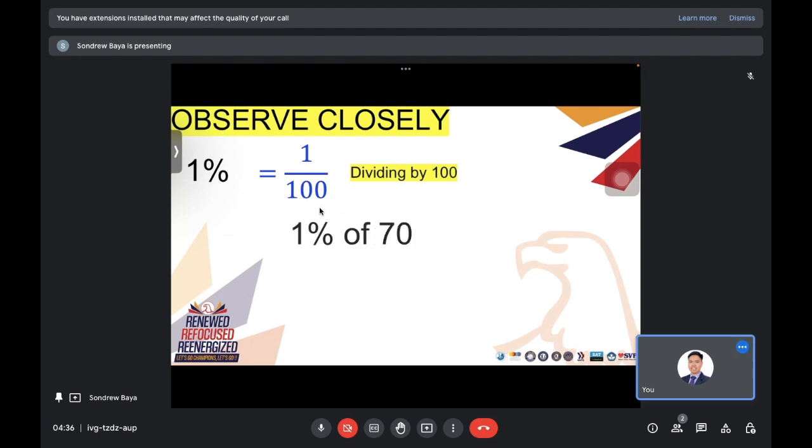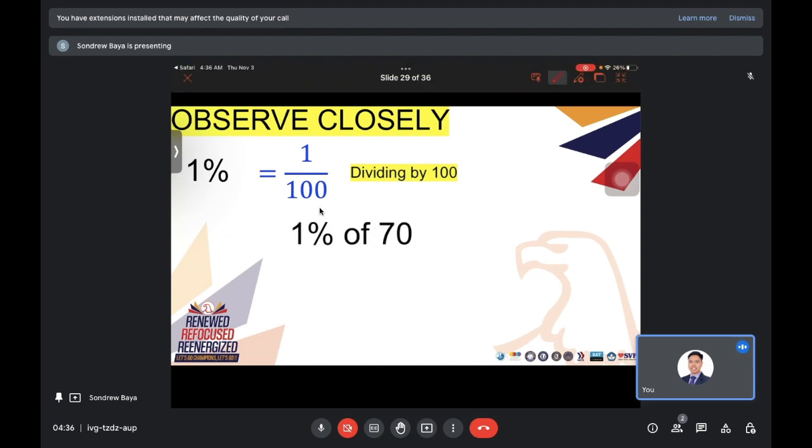1% of 70. 70 is 70.0. Since it's 1%, we move it to the left 2 times. So the decimal is now to the left of 7. This is now 0.7. Remember, if there's nothing to the left of the decimal point, add 0. 1% of 400, this is 400.0.